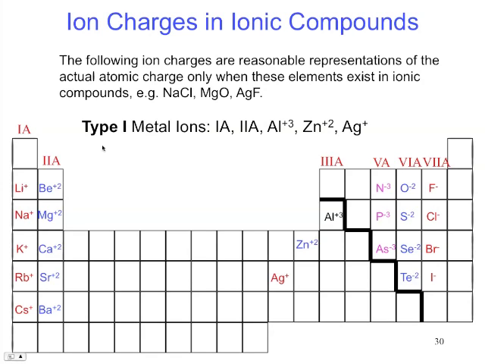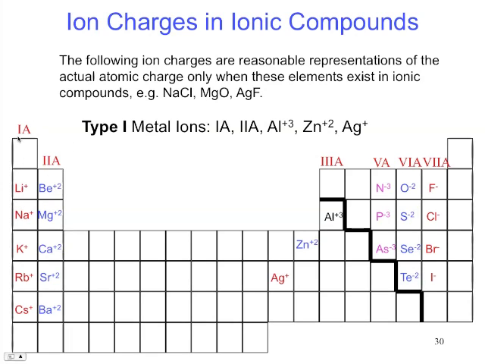So here are our metals, and shown here are just the metals for the alkali metals, right? The group 1 and the group 2 metals, the alkaline earths. Whenever these elements form an ionic compound, that is, they combine with a nonmetal, the charges are always +1 for the alkali metals and always +2 for the alkaline earths.